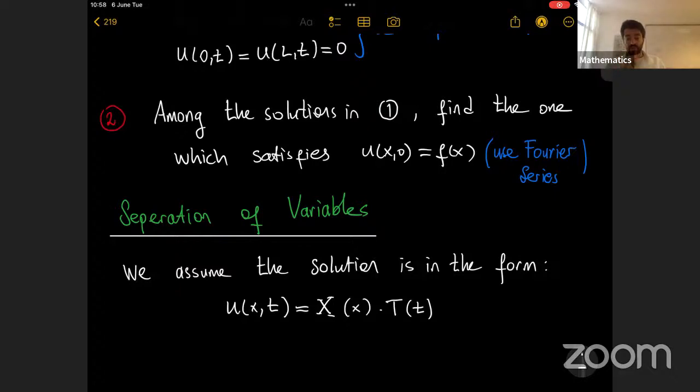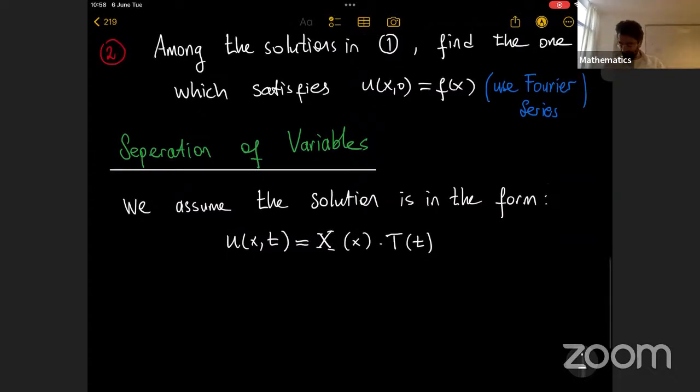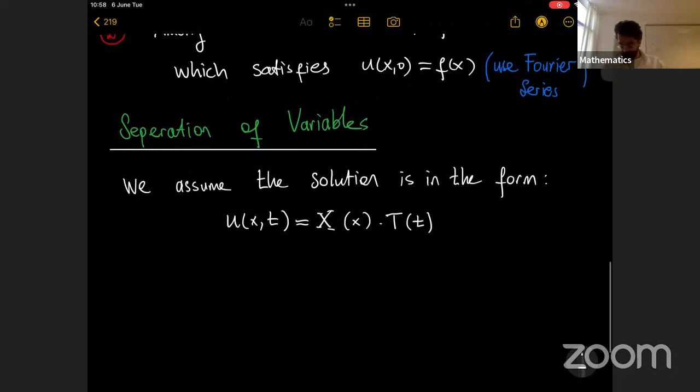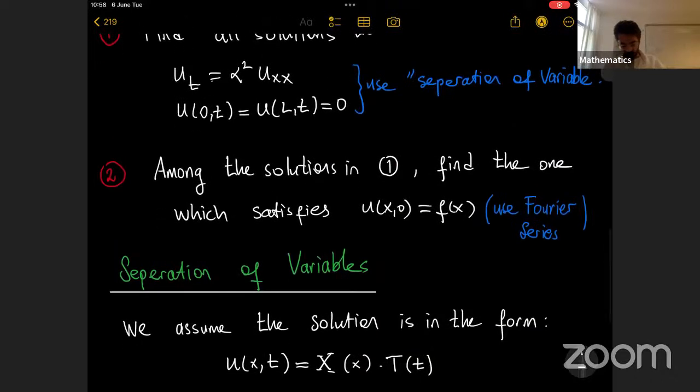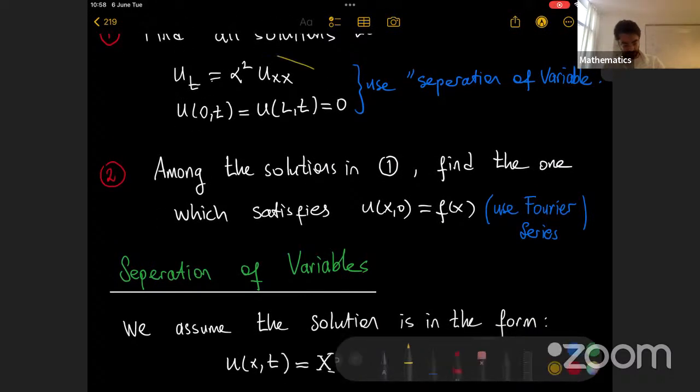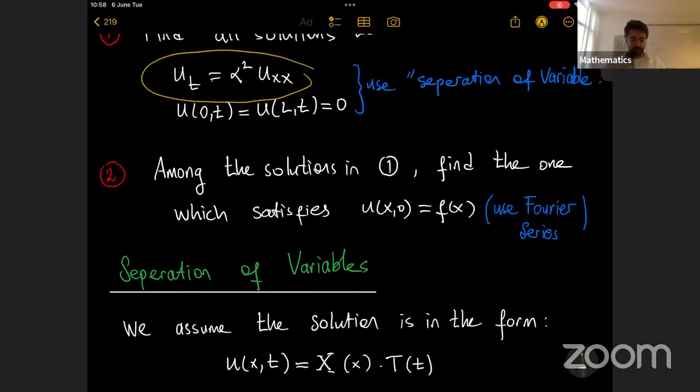Of course, the solution may be in different forms as well. Here we look at the solution in this form, and it works for some reason. I will not go into details, but this is what we do, okay? So, what is the equation? The equation was, remember, u sub t is equal to alpha squared times u sub xx.